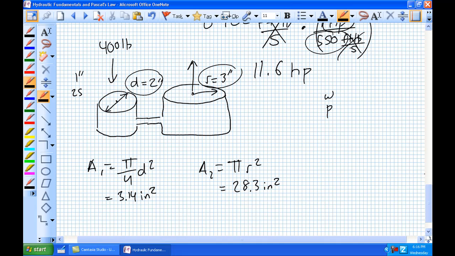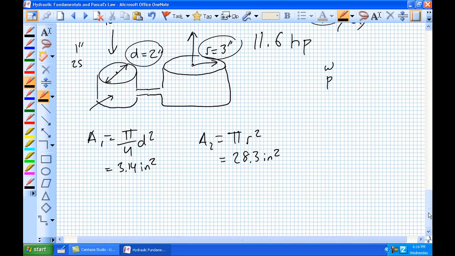So now, what is the pressure in this system when 400 pounds is applied to an area of 3.14 inches squared? We use our FPA triangle, and we want to find P, so it's force divided by area.